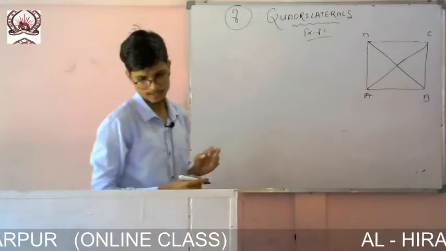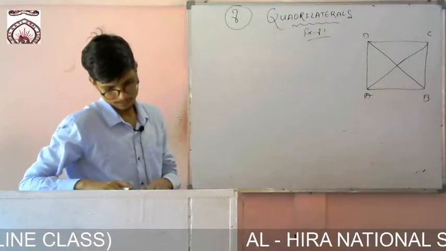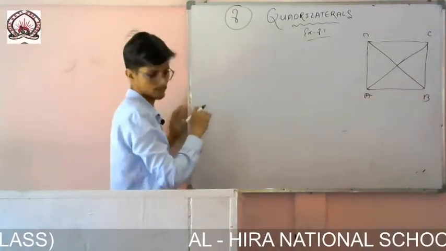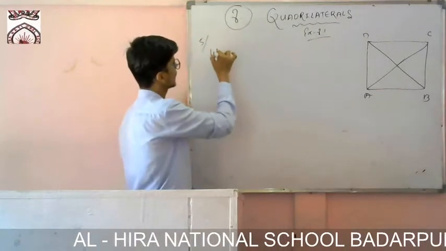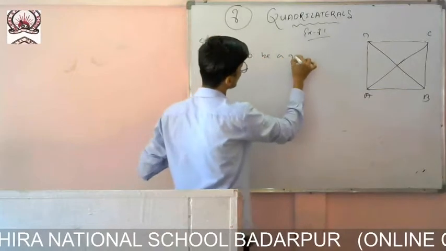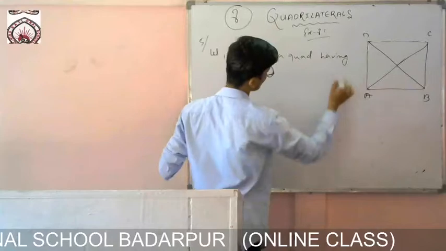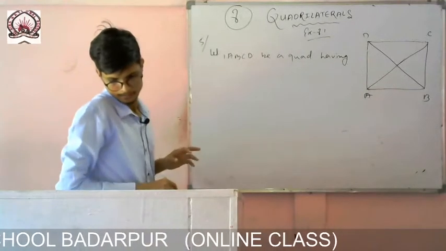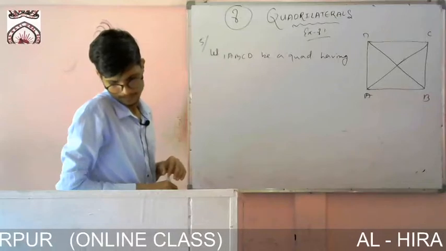So ABCD is a square. You write like this, what is given? Question number 5. Let ABCD be a quadrilateral having diagonals equal that bisect each other.